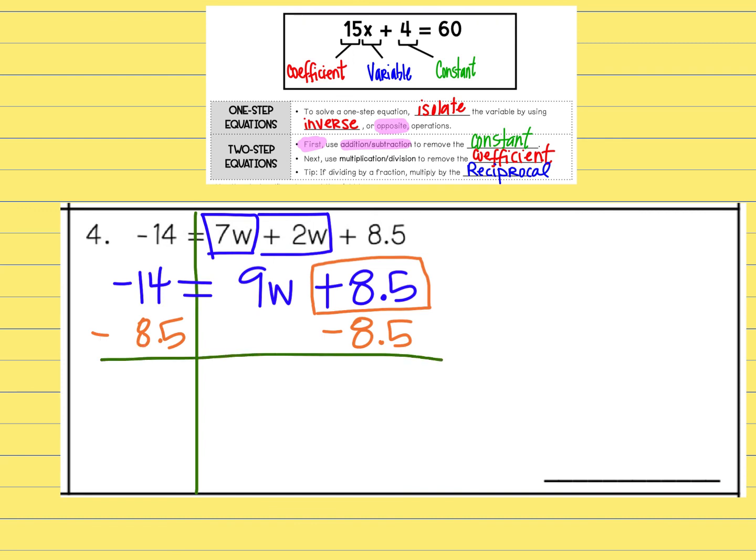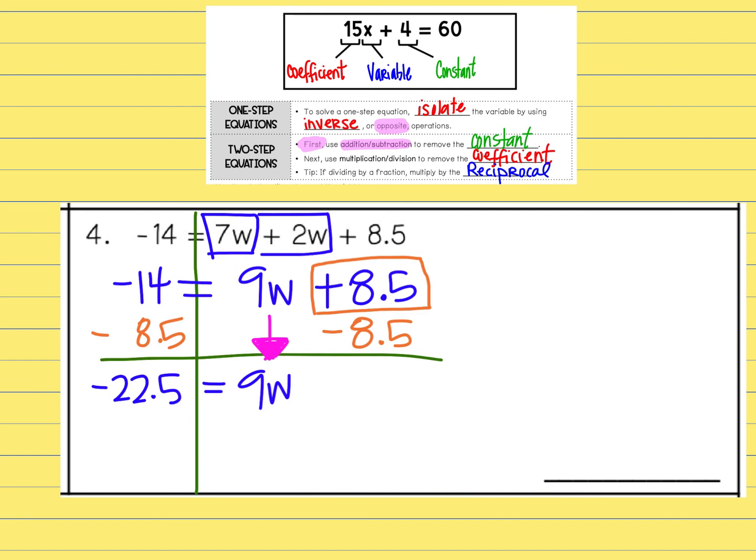After you do that, you should get negative 22.5. Oops, I'm going to back up and use a different color so they're not the same. Negative 22.5 equals, I can bring down my variable and my coefficient of 9w.